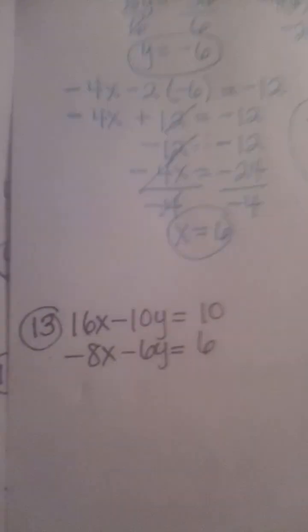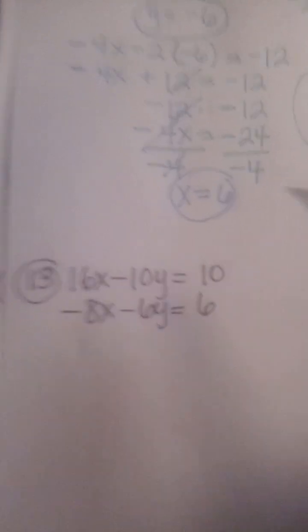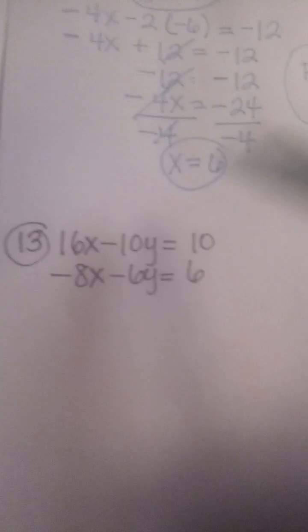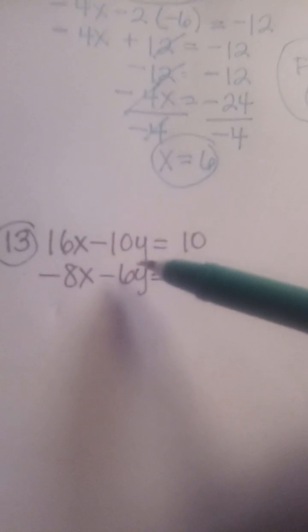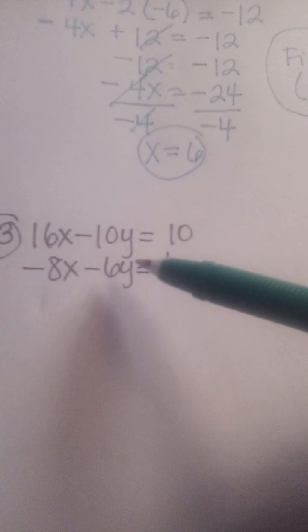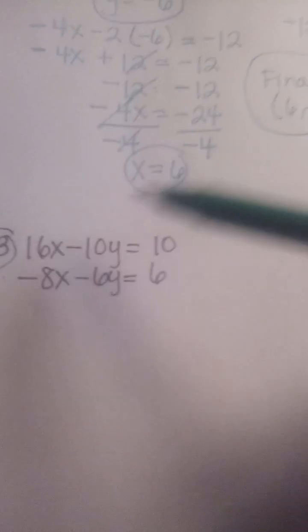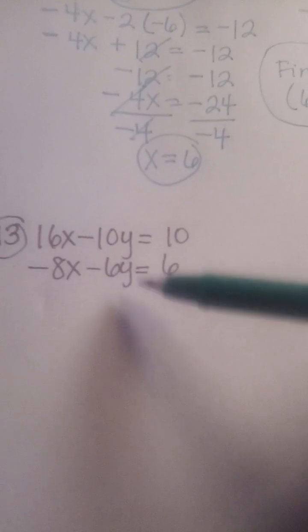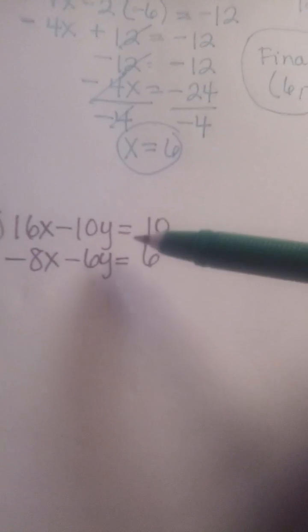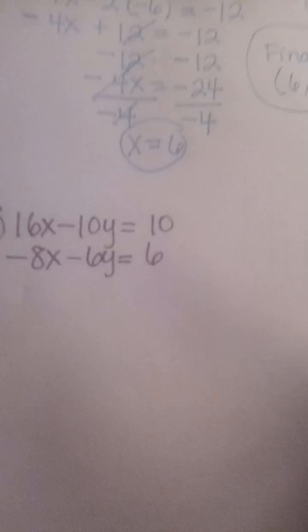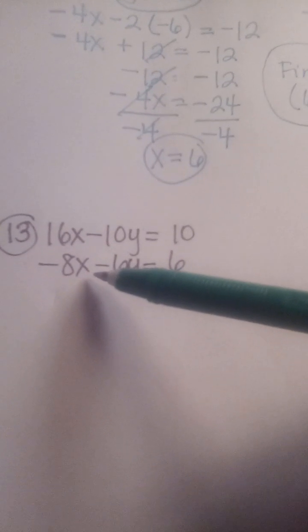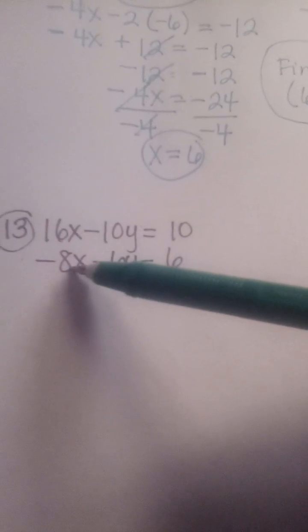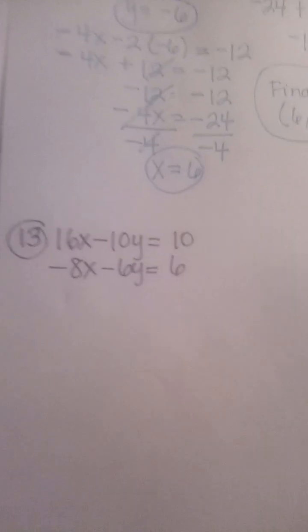All right. That being said, let's go over number 13. We have 16x minus 10y equals 10, and negative 8x minus 6y equals 6. We could multiply either both or one of them by different numbers. I will use the bottom equation and multiply by 2.